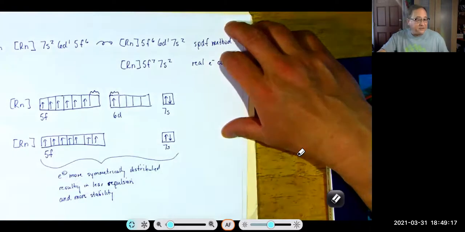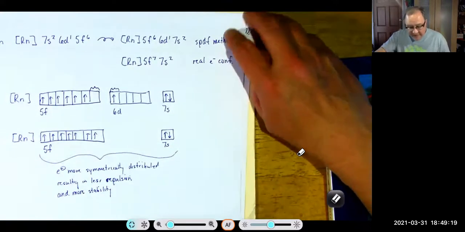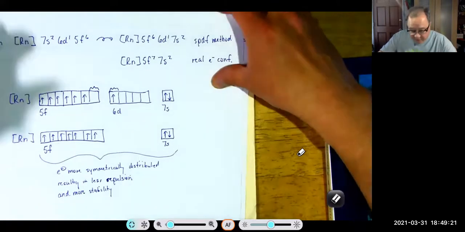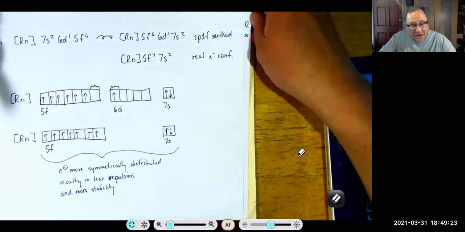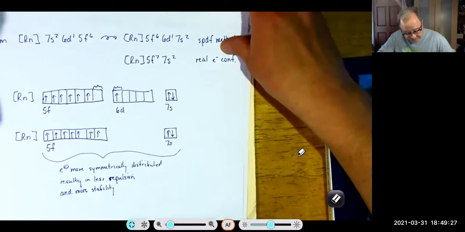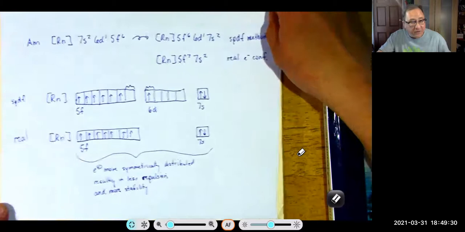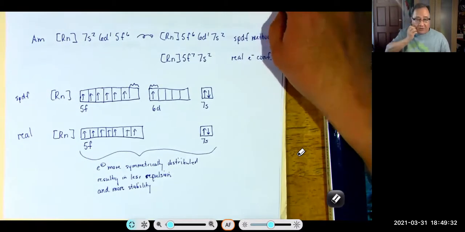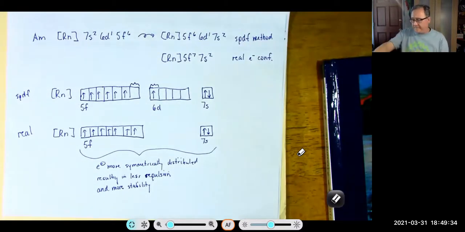So that's the reason for it. They call it the symmetry argument, but you really want to know the background of the symmetry argument. The background of the symmetry argument is that you're going to end up with less repulsion and more stability.